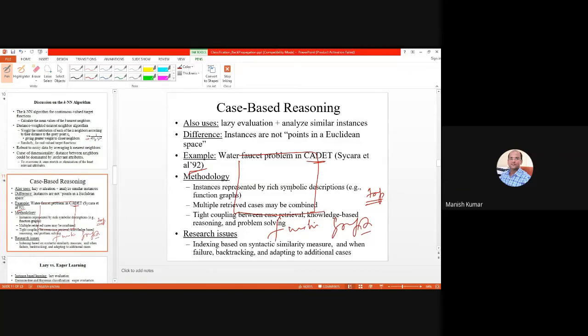A tap has some location to be installed, it needs some sort of bend, and it has some sort of flow, high flow or low flow, and similarly other features.